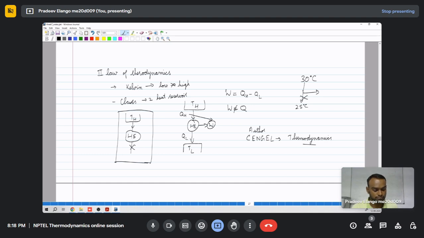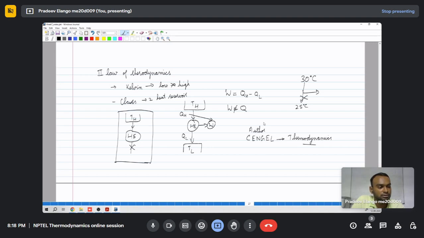Initially I went through one author, sir, I can't remember his name. But after reading this, I felt the definitions were too high for me.